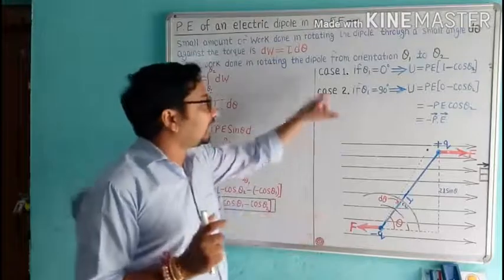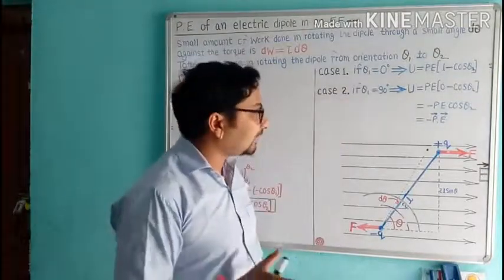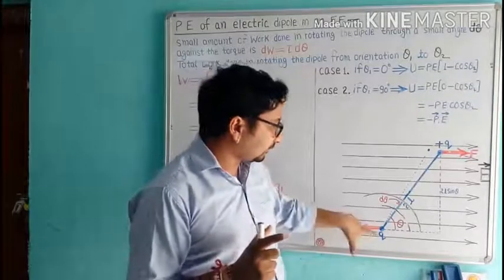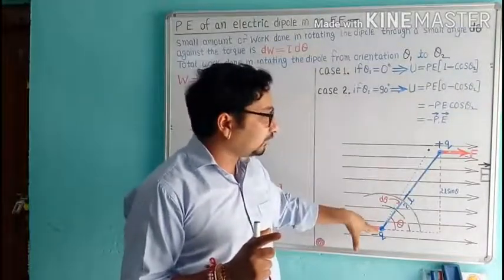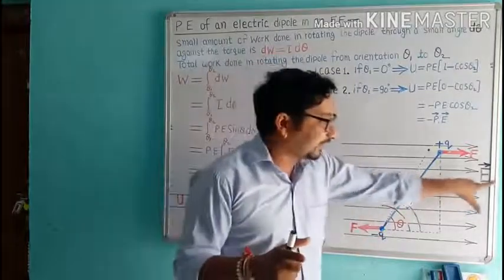Now case 1. If theta 1 is equal to 0 degrees, that means initially this electric dipole is aligned along the direction of the electric field.